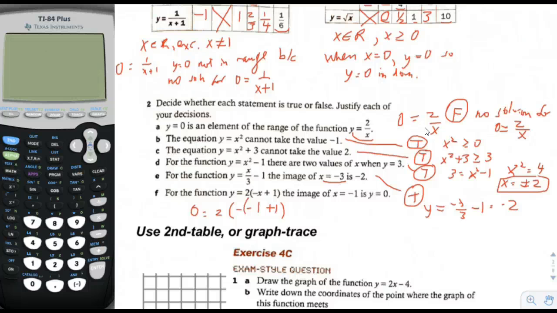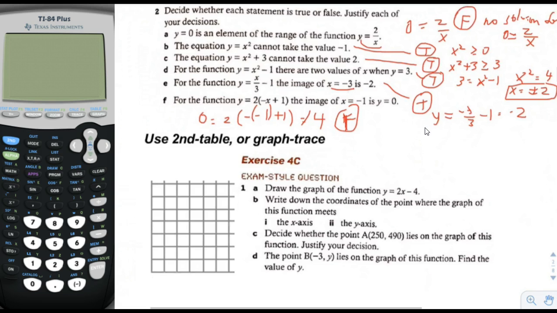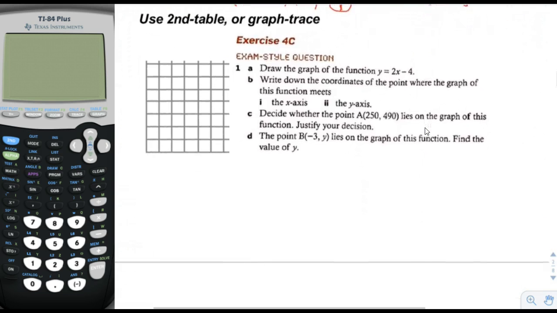So we have 1 plus 1, which is 2, times 2, which is 4. So no, that's not true. They said that y was going to be 0. Actually, y is 4.